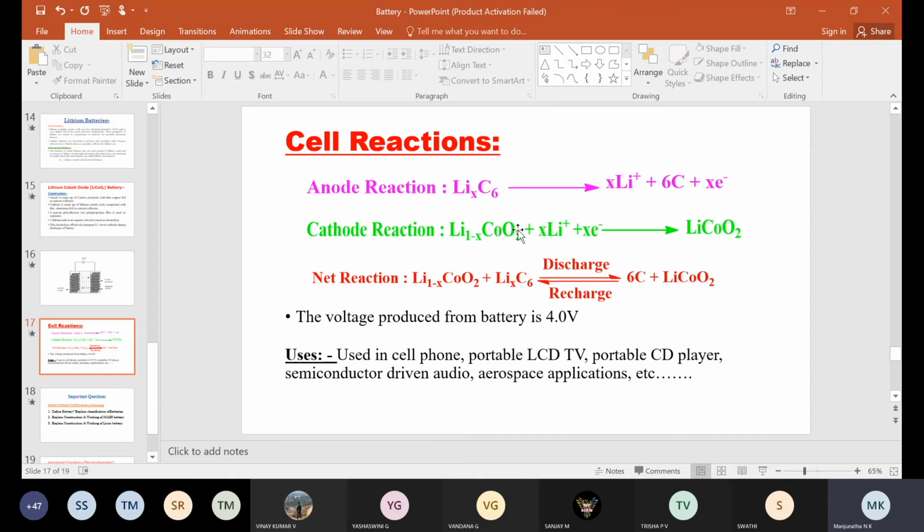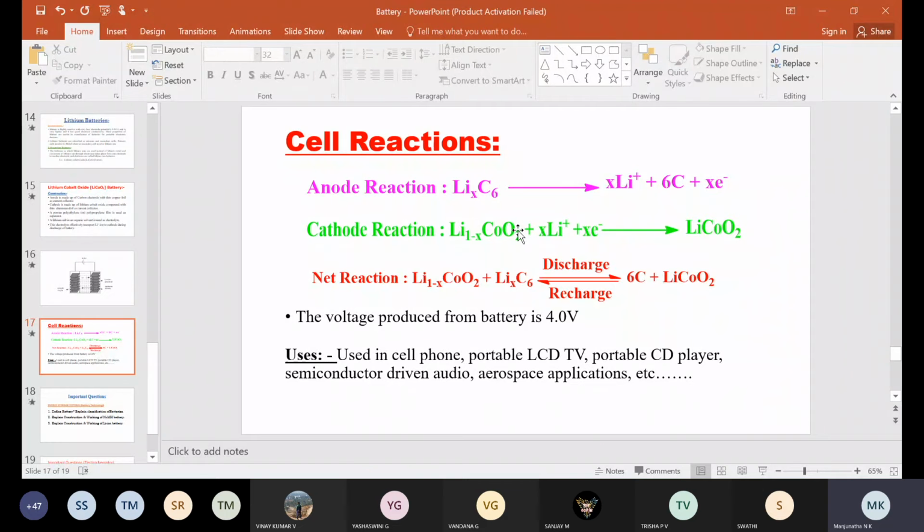Next one, electrolyte: lithium salts in organic solvents.